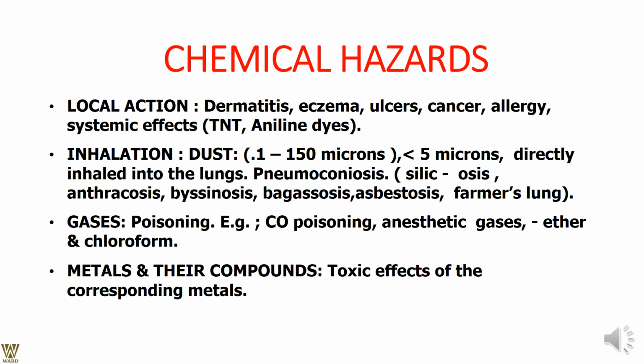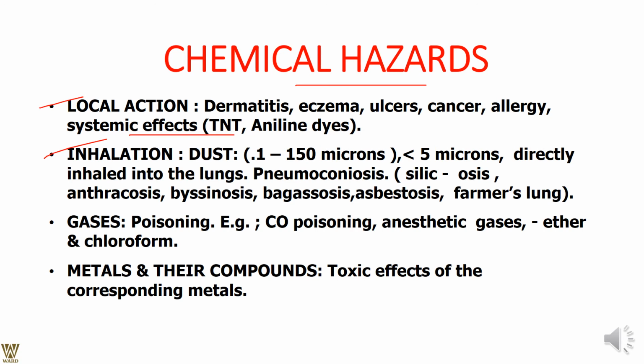So talking about chemical hazards, now everything we have spoken about was physical hazard. So what happens? With local action, it is dermatitis, eczema, ulcer, cancer, allergy, you name it, we have it. It can be on your skin, it can be on any place. You might be susceptible to serious problems like cancer. How does it happen?